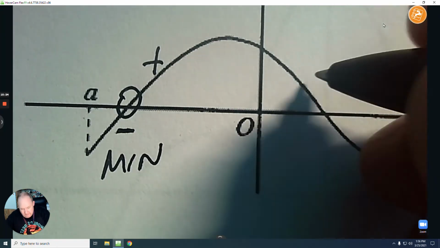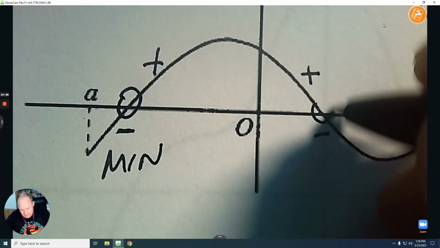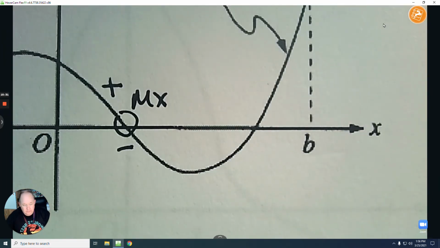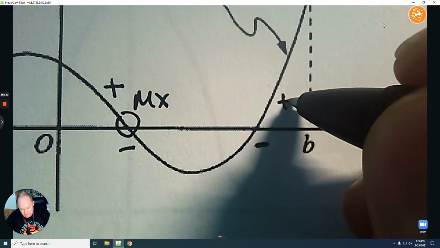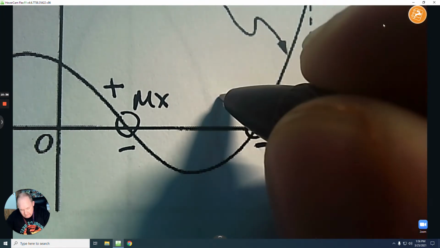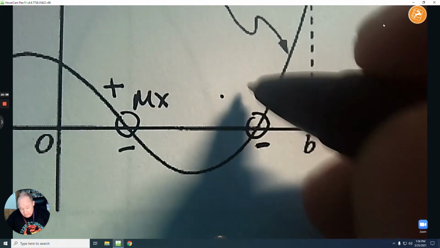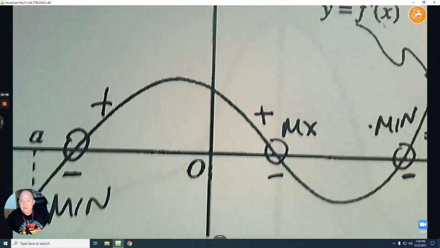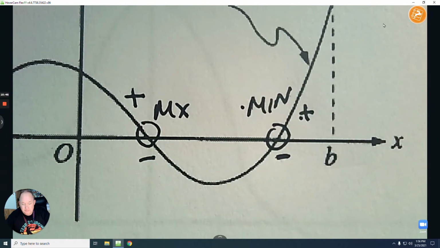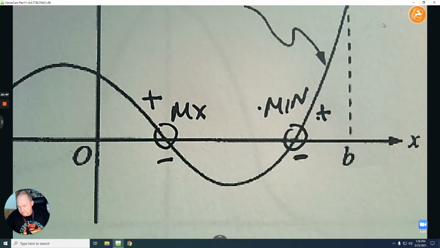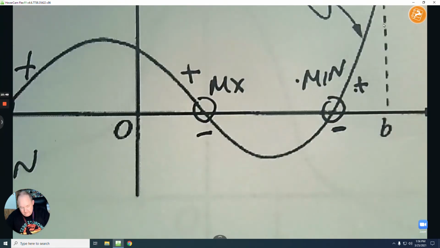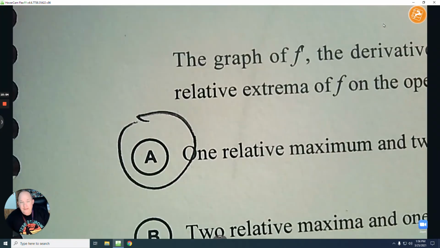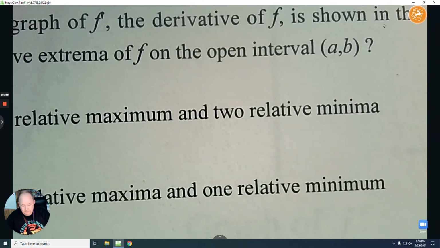If you go from positive to negative, this is a maximum. And the last one, going from negative to positive, is also a minimum. So this has two relative minimums and a maximum, and that would match with A. A has one maximum and two minimums.